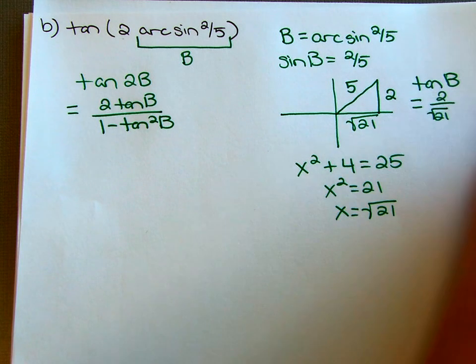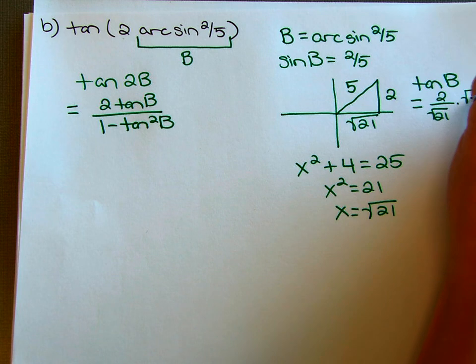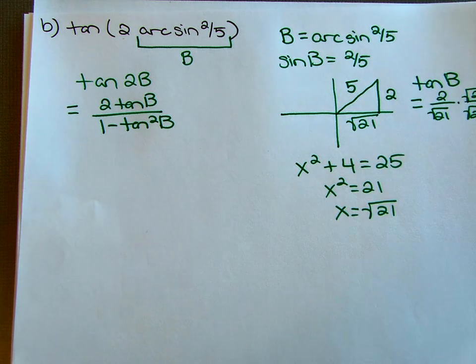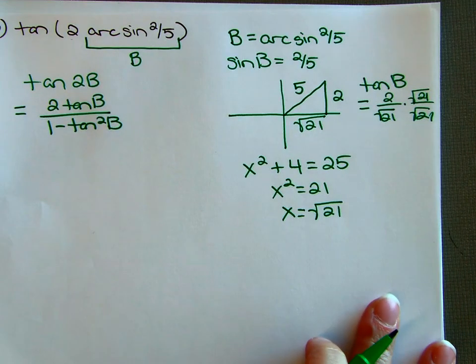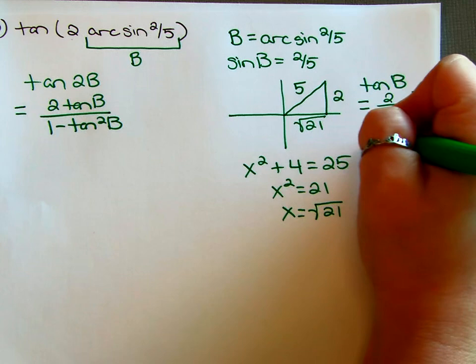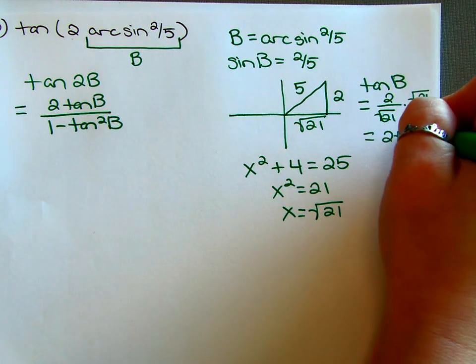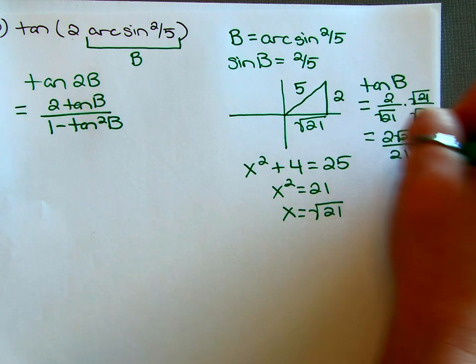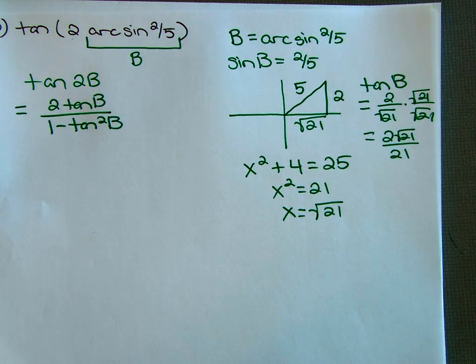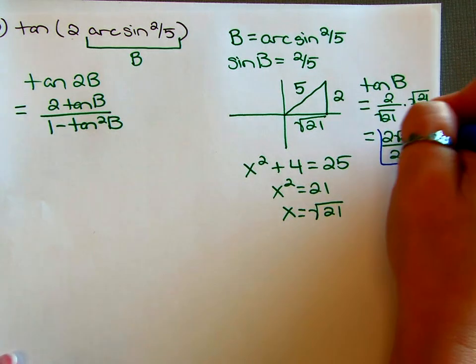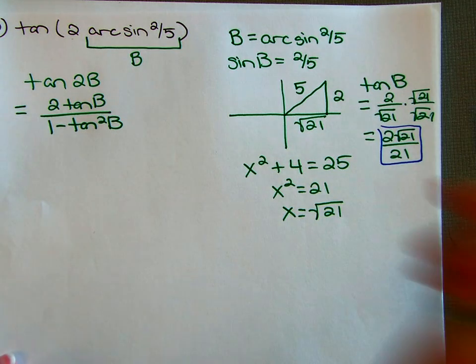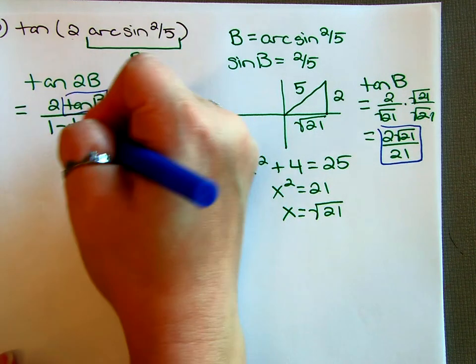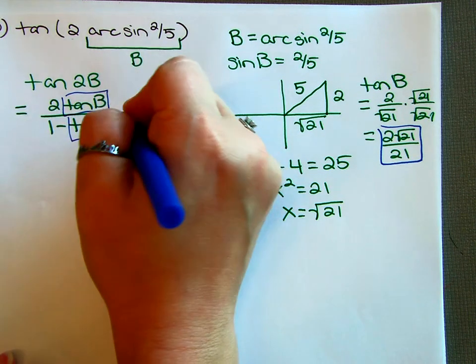Got to rationalize that denominator. So tangent of B becomes 2 radical 21 all over 21. Now I'm going to put that in everywhere my identity says tangent of B, and tangent of B is going to be squared on the bottom.